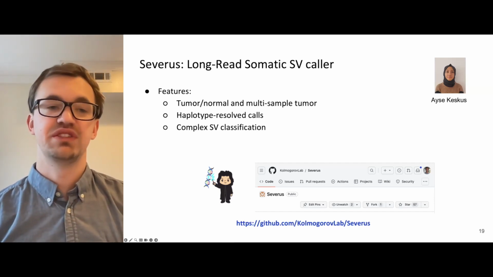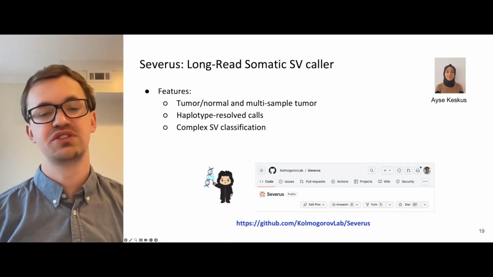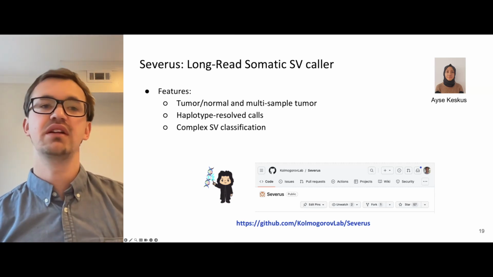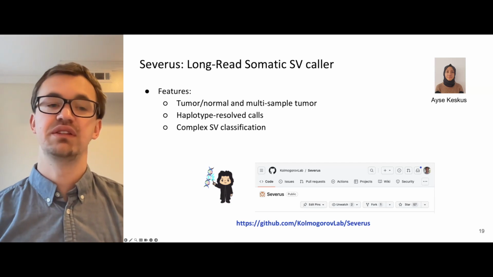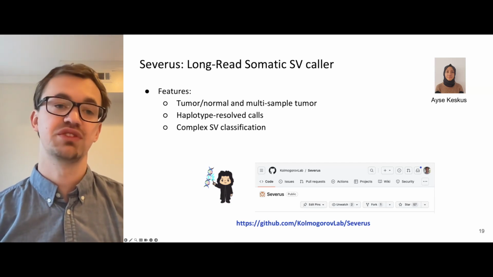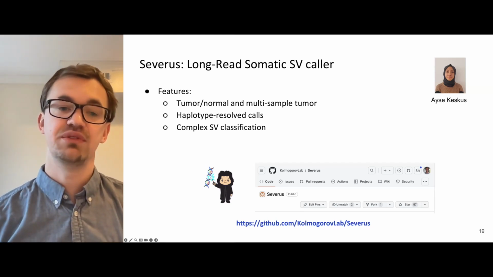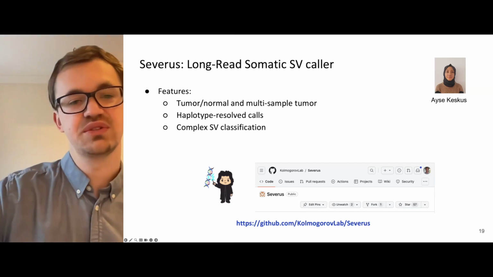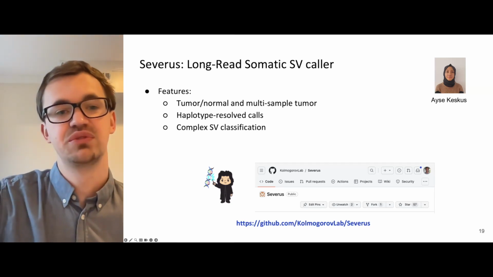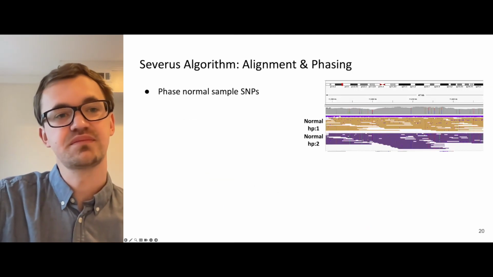Severus by design supports tumor-normal analysis or multiple tumor sample analysis. It produces haplotype-resolved calls, and it enables classification of complex structural variants. Severus is available on GitHub using this link, so if you're interested, I encourage you to take a look.